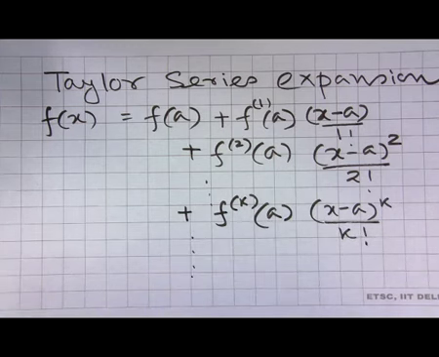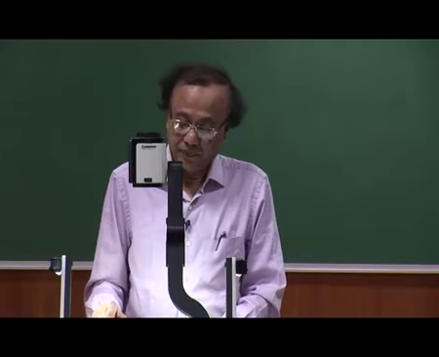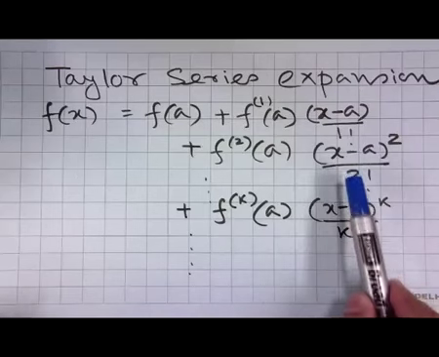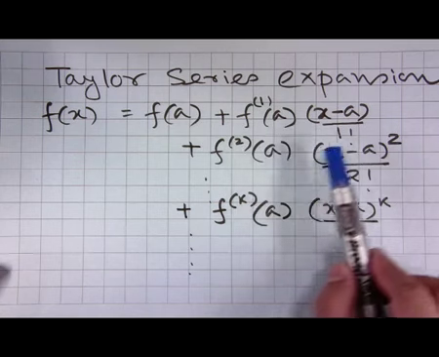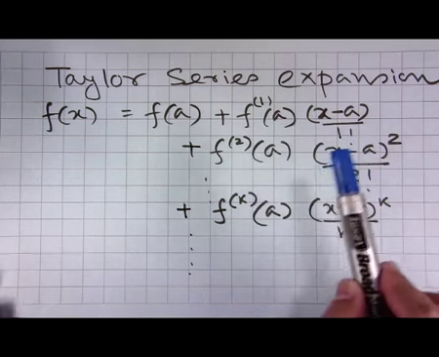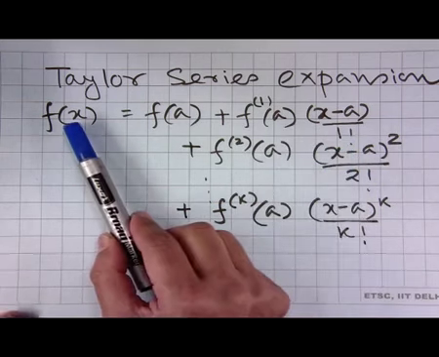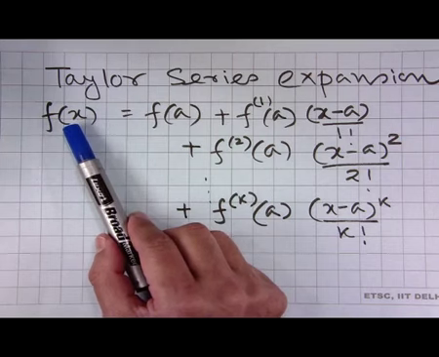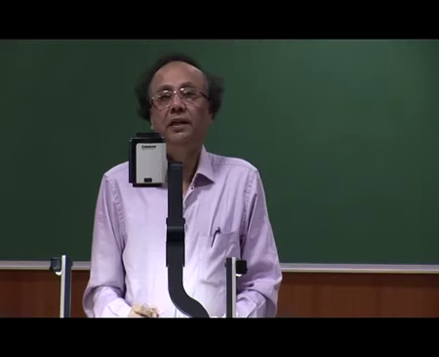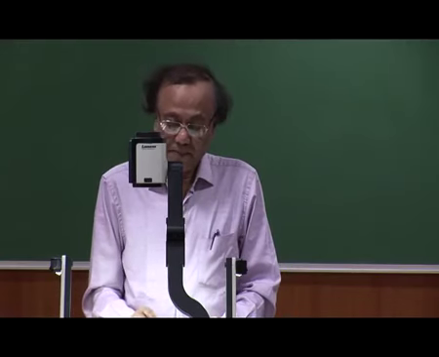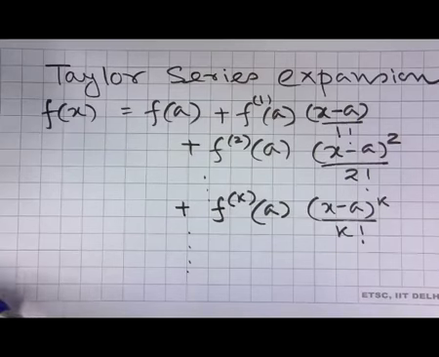So, this infinite series, which is a polynomial in x, is an approximation of the function value at x when the function is infinitely differentiable at the point a.